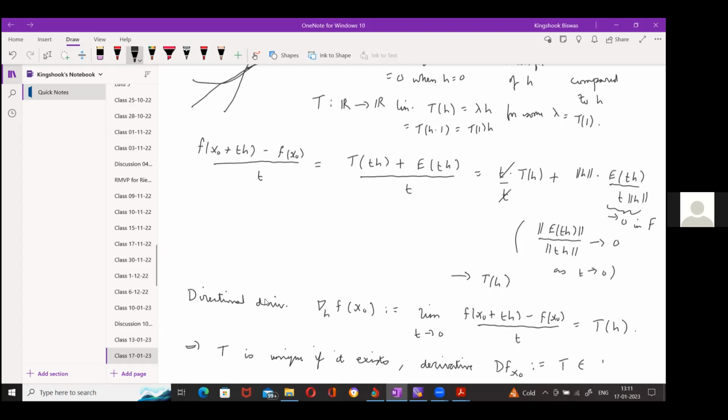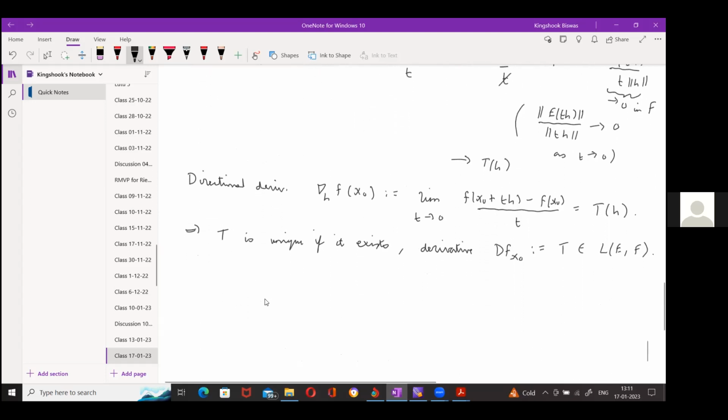This is an element of the space of bounded linear maps from E to F. Okay, so in higher dimensions, the derivative becomes a linear map at each point. It becomes a bounded linear map from the domain vector space to the range vector space. That is what the derivative becomes in higher dimensions. Is it clear?